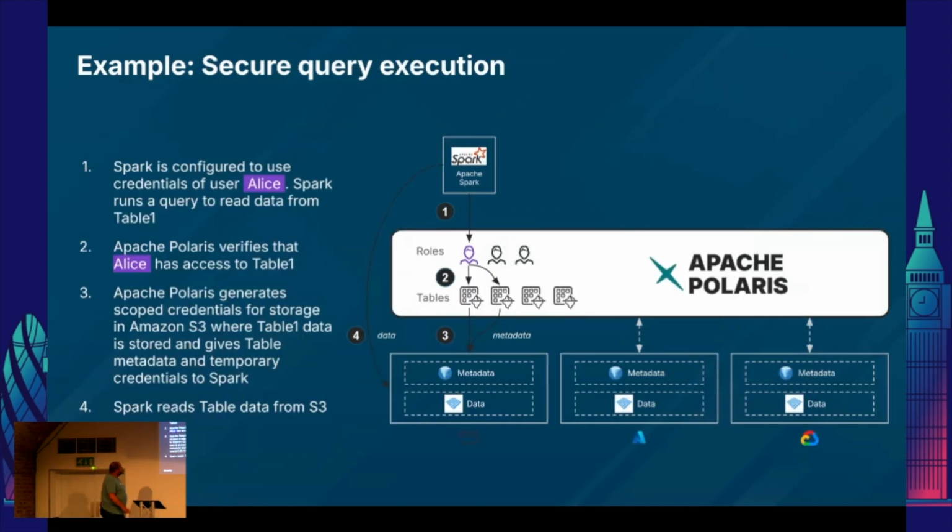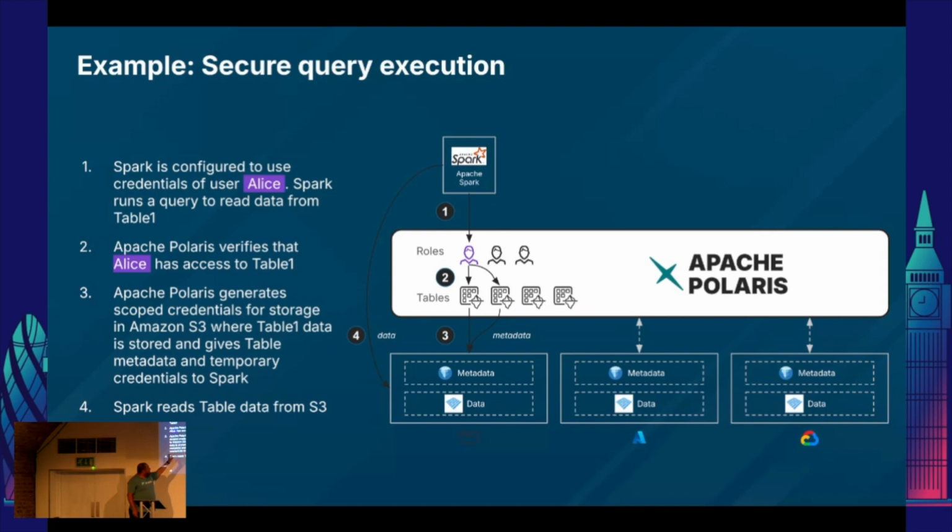This is an example of query execution using Spark, Polaris, and accessing the data. You can see that Spark is configured to use credentials from a user, which is Alice. It's number 1 there. And Spark runs a query on this table, table 1.